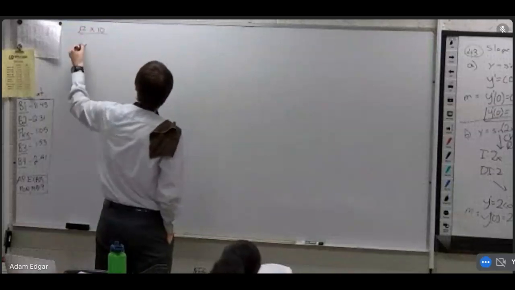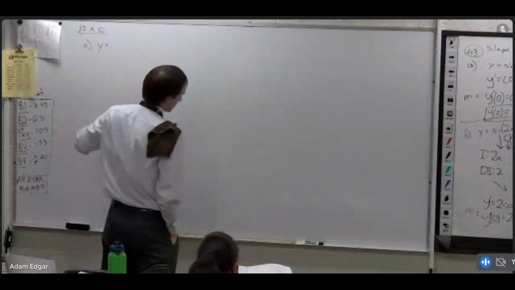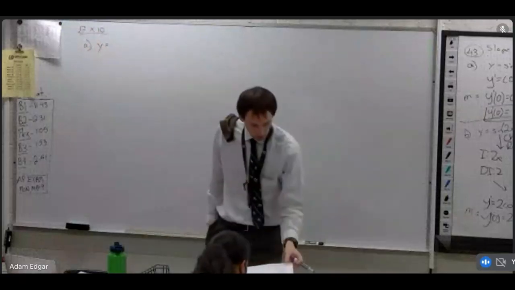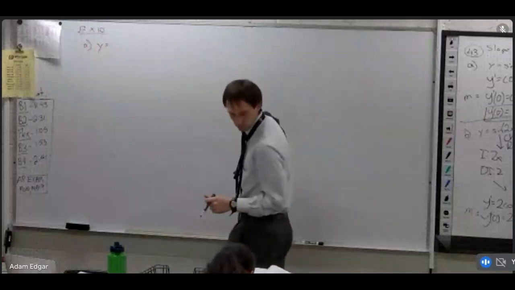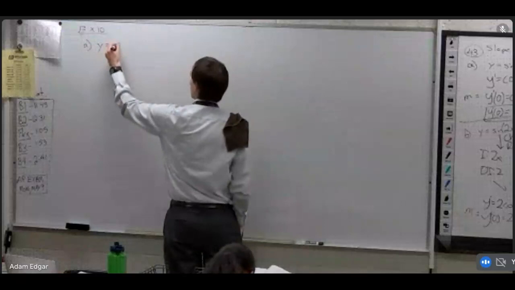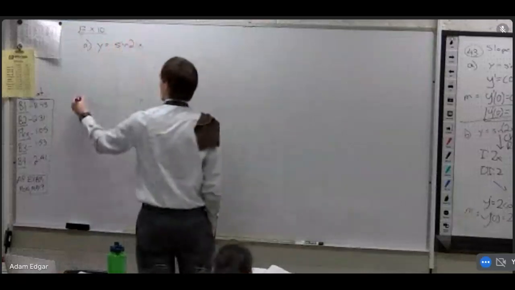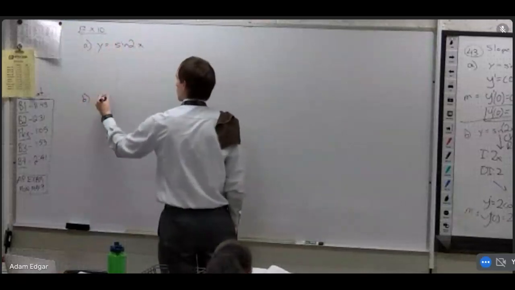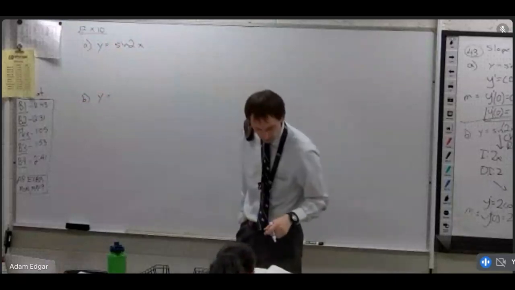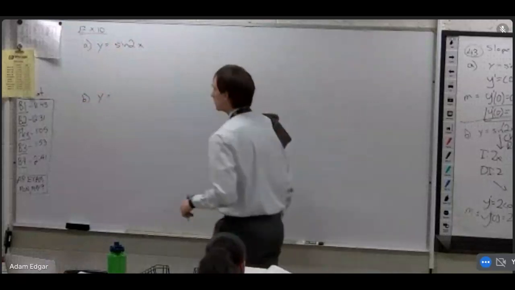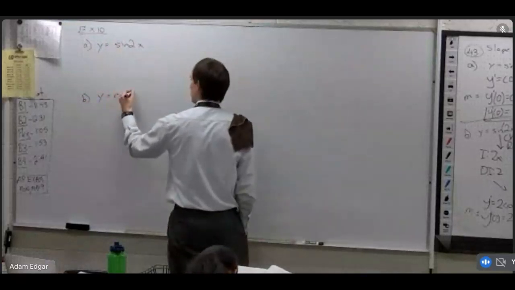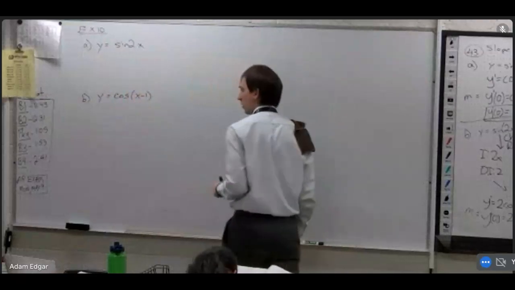So I think we finished off with example 9 on Friday. So we'll start with example 10. Real quick, get the derivative of sine of 2x, go. Then get the derivative of cosine of x minus 1.